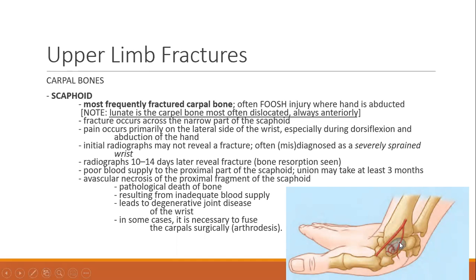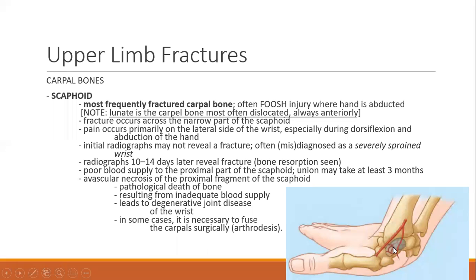Well, a break in the scaphoid is easy to miss when looking at an x-ray. So if you come in and say to the doctor, hey, I fell on my hand, it hurts a little bit, what do you think is wrong? Is it a sprain? Is it a break? And they can't obviously see that there's a break.